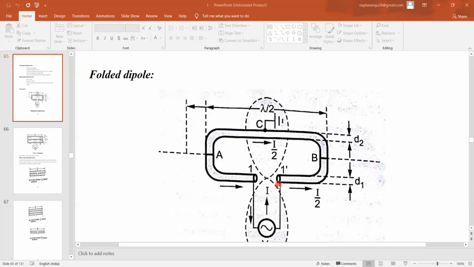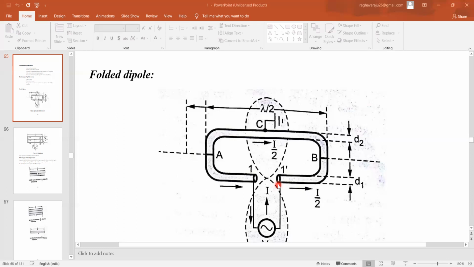So all dimensions are indicated here. These dimensions are indicated by the diameter. The first pole, the one connected to the primary end, has diameter d1.